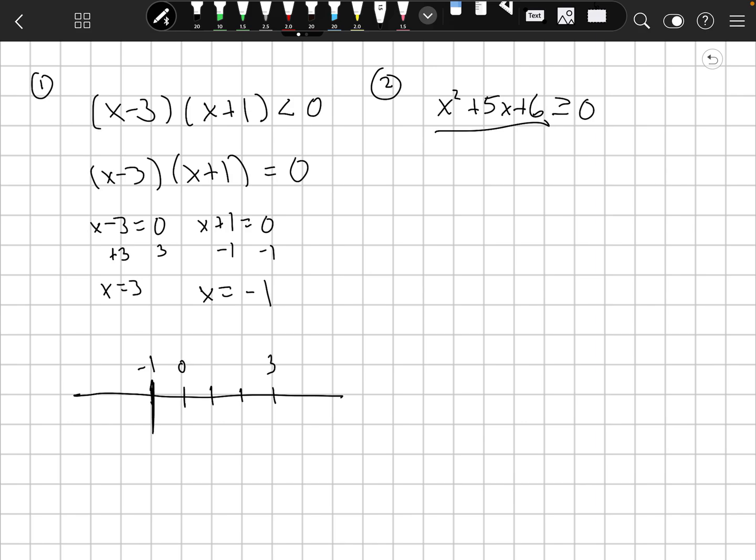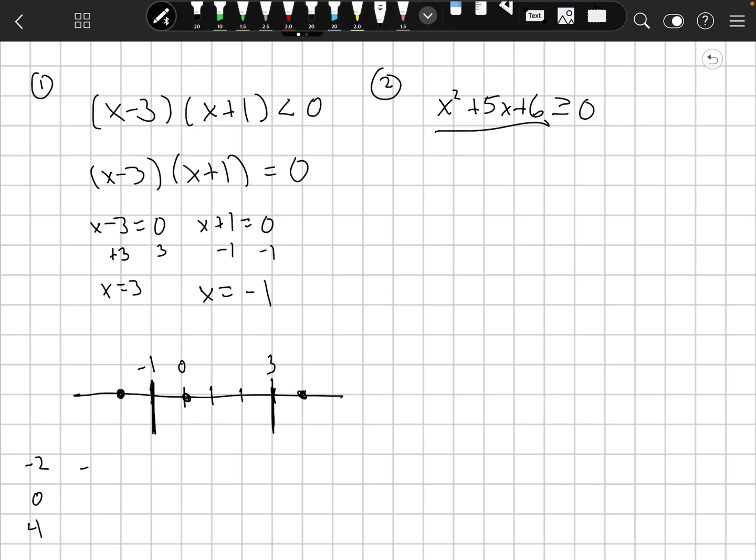And these are going to be boundaries, -1 and 3. So we're going to just do some testing. We're going to test in 3 different spots. I'm going to test -2, and I'm going to test at 0, and I'm going to test at 4. And you can see -2's right there, 0's right there, and then 4's right there. They're 1 point for each region of the graph that's broken up by those boundaries.